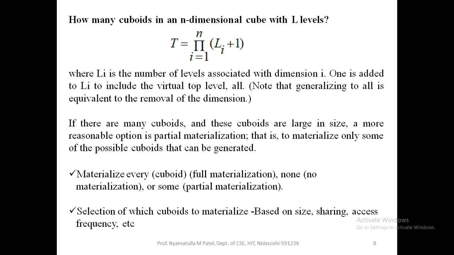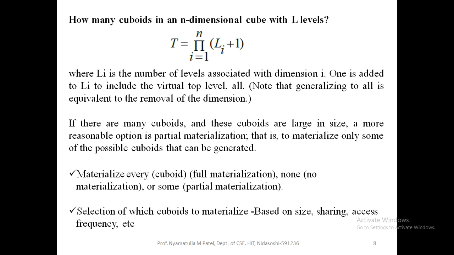Why is this 1 added? 1 is added to L_i to include the virtual top level, all. Note that generalizing to all is equivalent to the removal of the dimension.